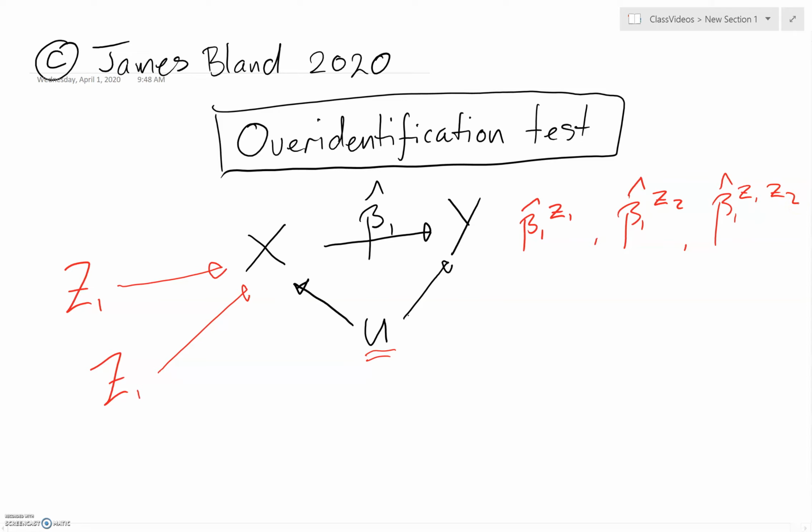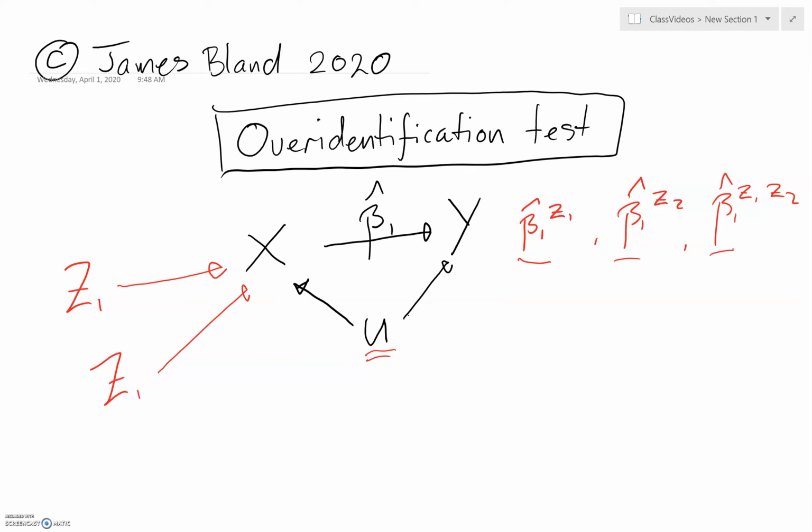If we use one valid instrument, we should estimate the causal effect. Well, if we use another valid instrument, we should also unbiasedly estimate this causal effect. And if we use both valid instruments, then we should also unbiasedly estimate the causal effect.